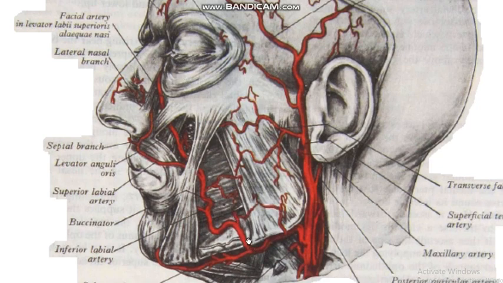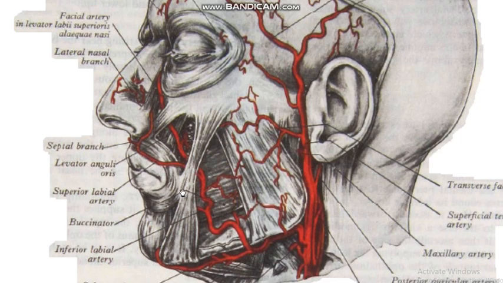It is not so tortuous, and although they are separated in the face, they come together at this point at the anterior border of the masseter. The two vessels come together at the anterior border of the masseter, and then the facial artery is continuing on its tortuous course.